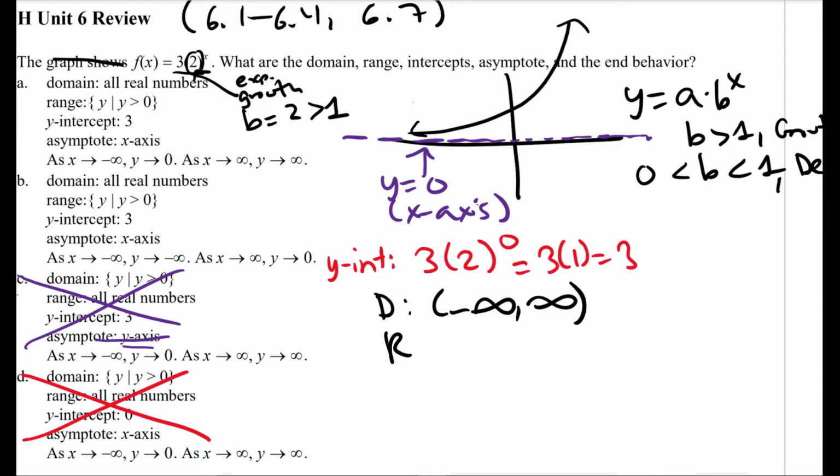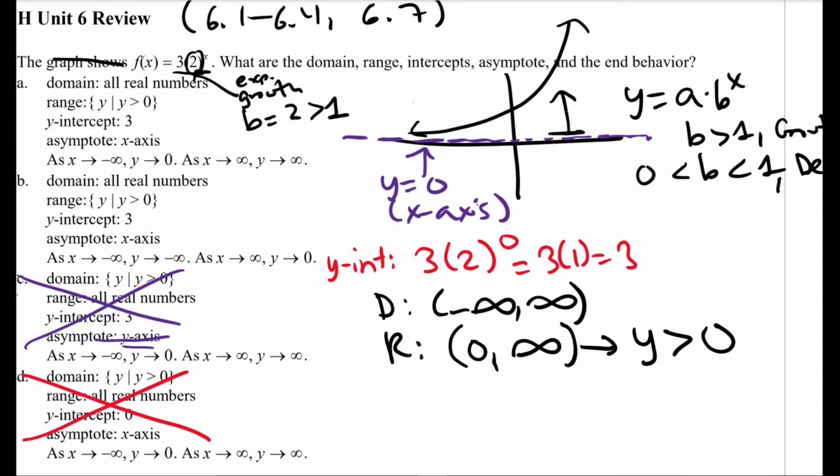For our range, the smallest y value is 0, and from there it goes up to infinity. So my range is 0 to infinity, and it does not cross 0, so we indicate that with a parenthesis rather than a bracket. This also means y is greater than 0. Both of these have y greater than 0, so that's good. They both have a domain of all real numbers.